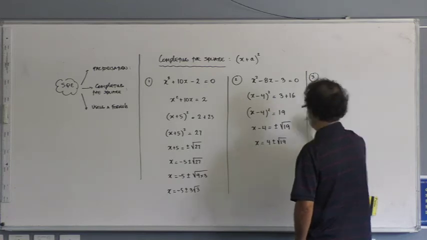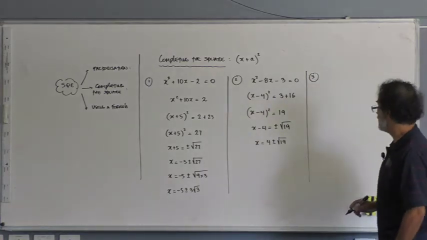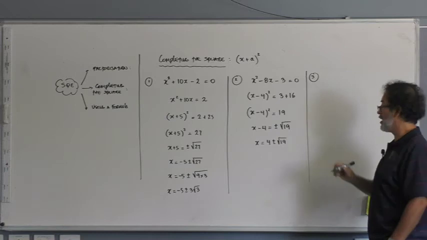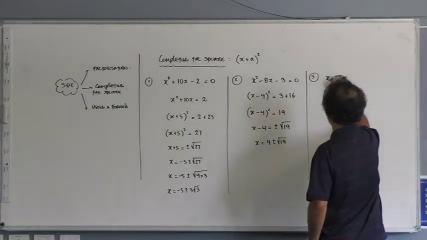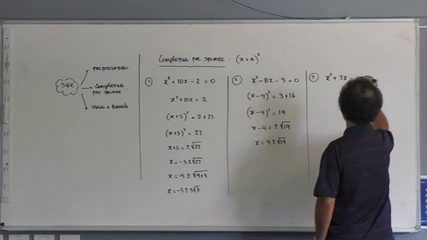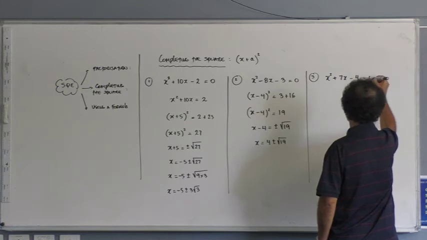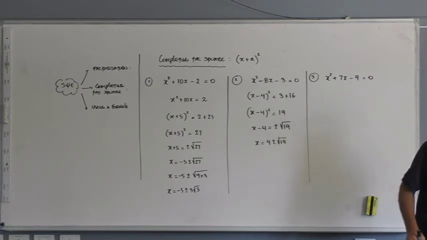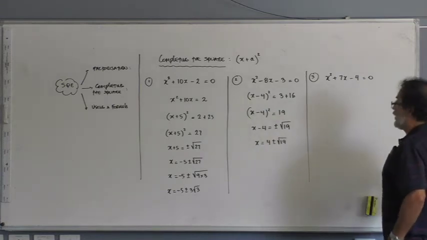Question 3. This time I'm going to make this slightly harder, just a little bit, by doing this. So we have x squared plus 7x minus 4 equals 0.